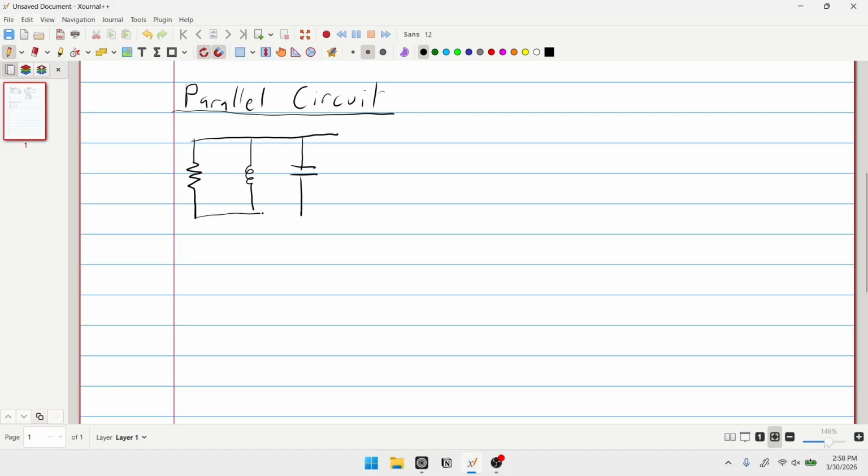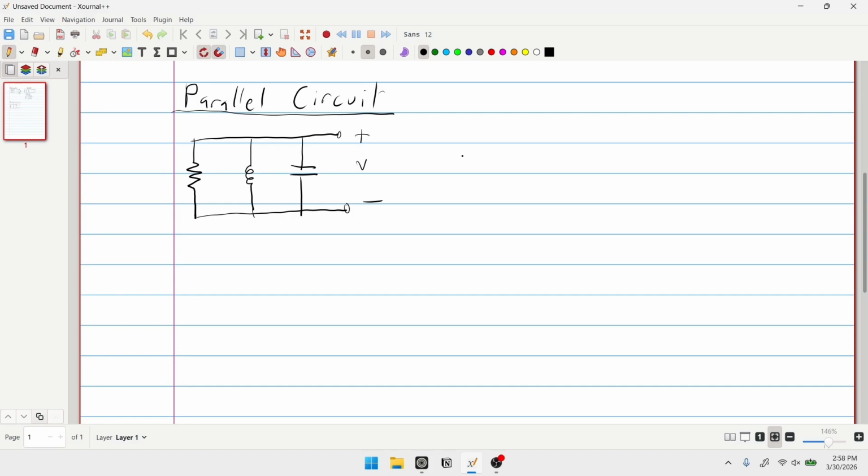They all share the same nodes. We want to find the V here, because typically, if we know the V here, we can find everything else. We can find the current through the resistor, the inductor, and the capacitor.